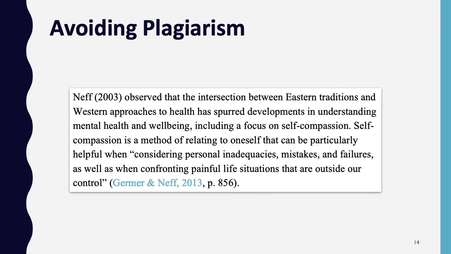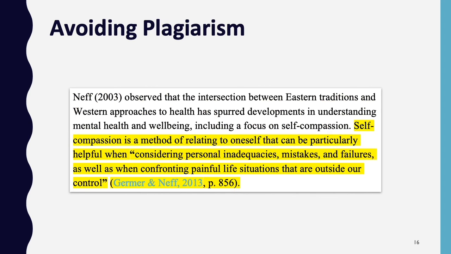The writing in this example successfully avoids plagiarism. The first sentence, which is highlighted, is a paraphrase. The writer has borrowed an idea from her source, Neff, but has expressed it in her own words. The second sentence incorporates a quotation. Here, the writer has borrowed exact language from her source, Germer and Neff. Appropriately, because the language is not her own, she has enclosed it within quotation marks.